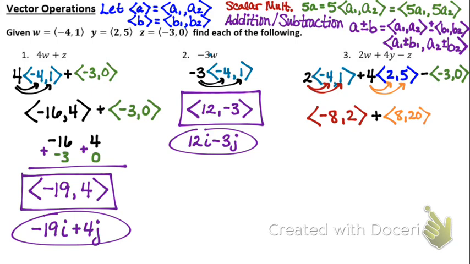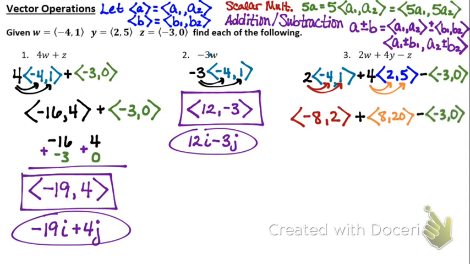And then I'm still going to subtract -3, 0. So when I combine all the x parts together, what do I get? -8 plus 8 minus -3. 3. And then I'm going to combine all the y parts together. 2 plus 20 minus 0. 22.